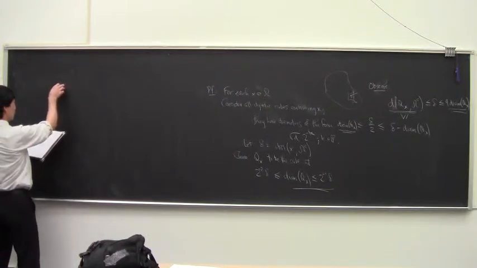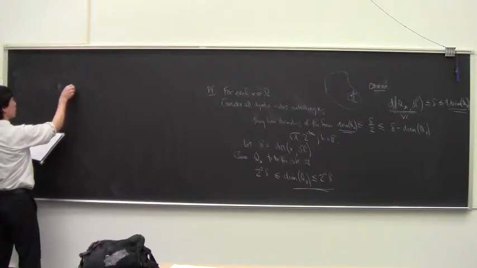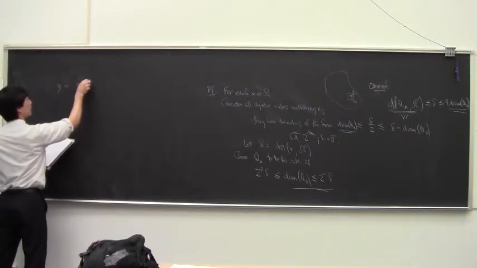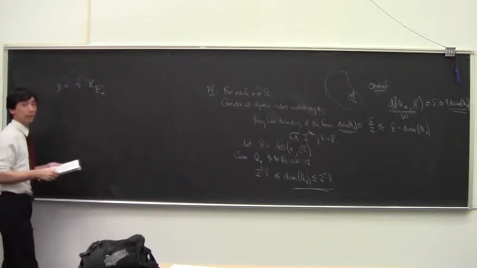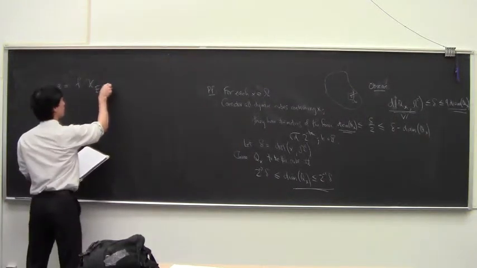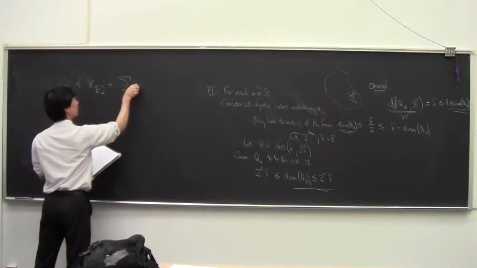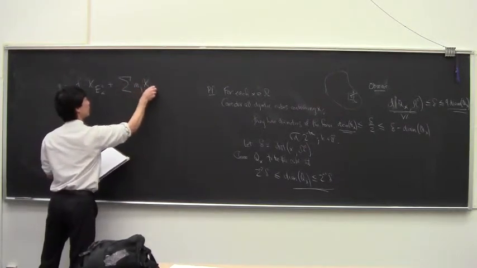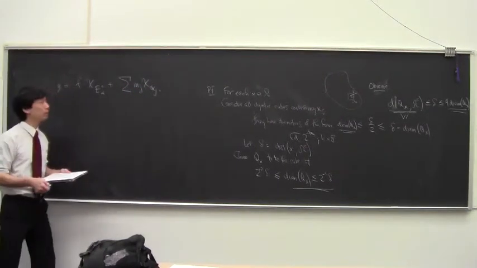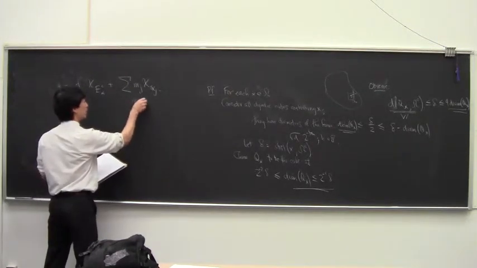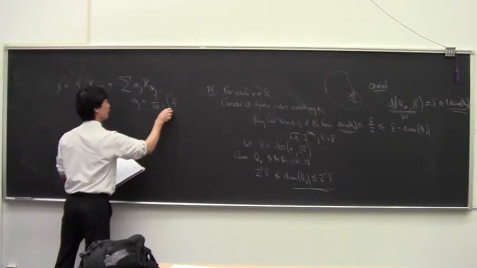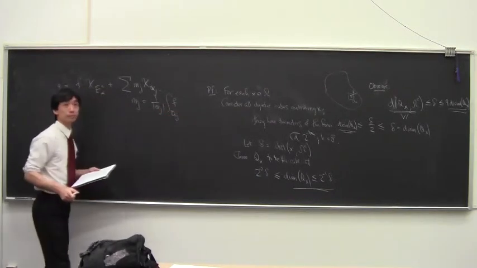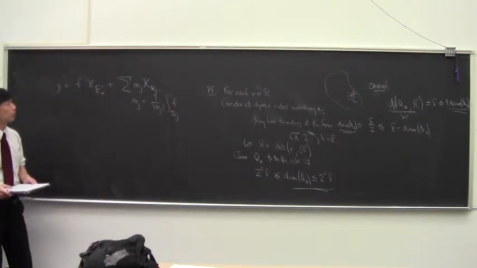You say, okay, we're going to let g be f times the characteristic function of the complement of E sub alpha, plus the sum of the averages over each cube, where m sub j is the actual average of the function over the cube, right?